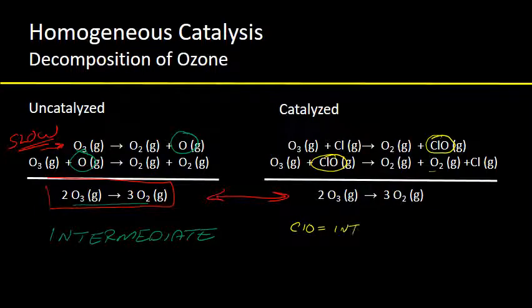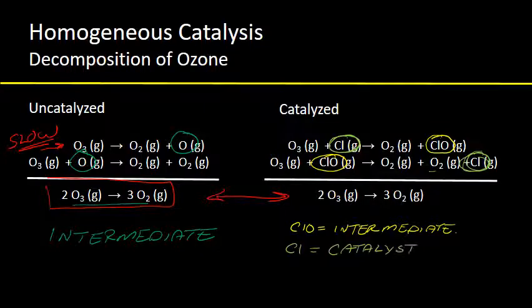So just as before, this is an intermediate, right? But we've also got this chlorine here, which is used at an early step in the reaction, so it's consumed, it's a reactant, and then it's reproduced as a product in a later step. Okay. And so that's our catalyst.